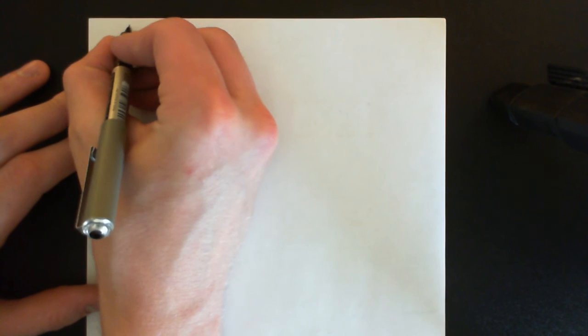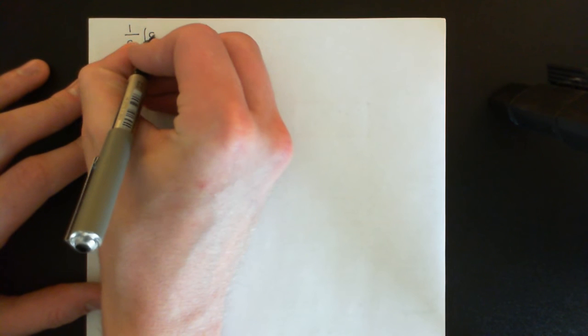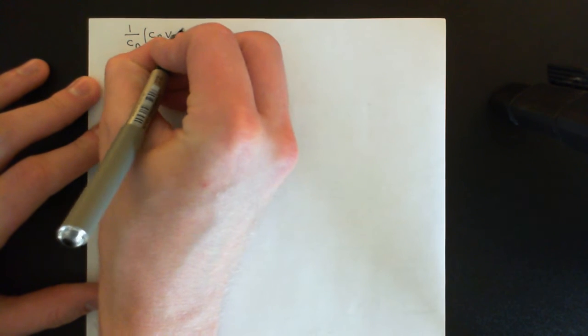Okay, so going on to the next page then. So now let's scalar multiply both sides by 1 over Cn. So the left hand side then will become 1 over Cn times Cn times Vn.